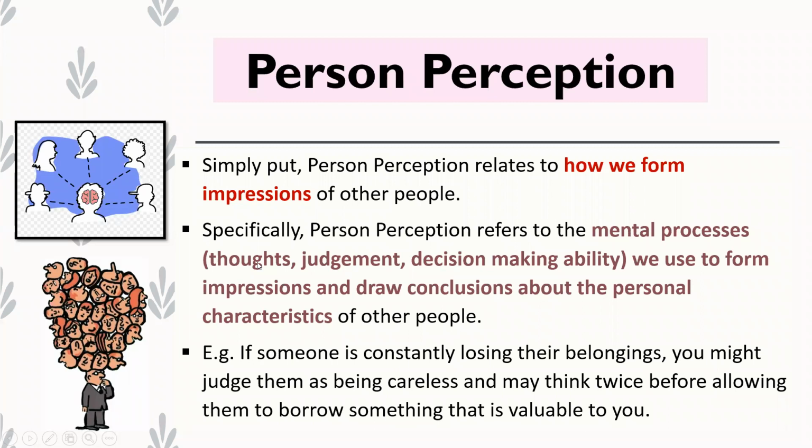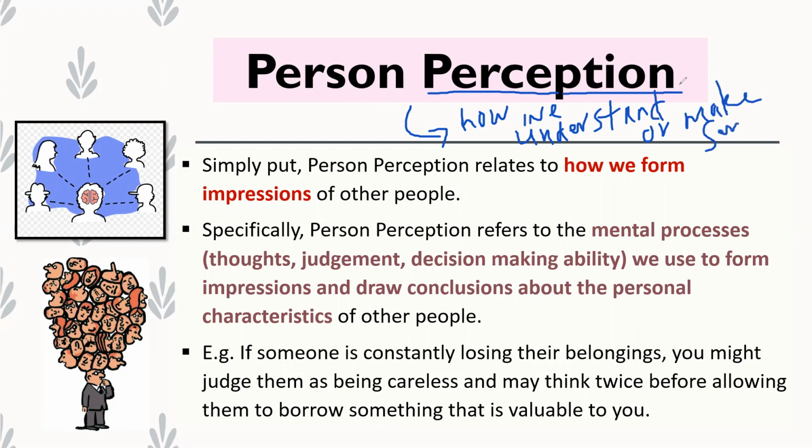So what is person perception? Remember the word perception, okay? When we started unit 2, we started by looking at this term of sensation and perception. It's the same idea. No matter which chapter you look at it in, perception always means how we understand or make sense of something.